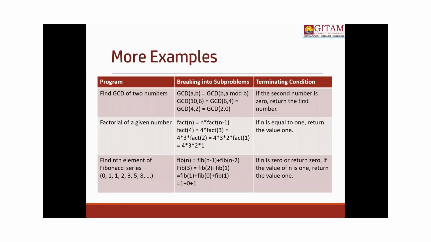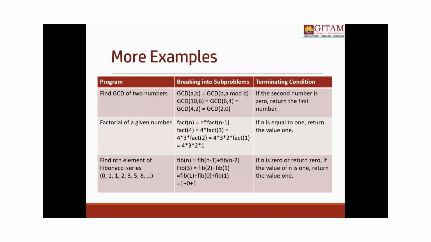We can see more examples where we can apply recursion. To find the GCD of 2 numbers, we can use recursion. GCD of A comma B is equal to GCD of B comma A mod B. Let us take the example of 10 and 6.